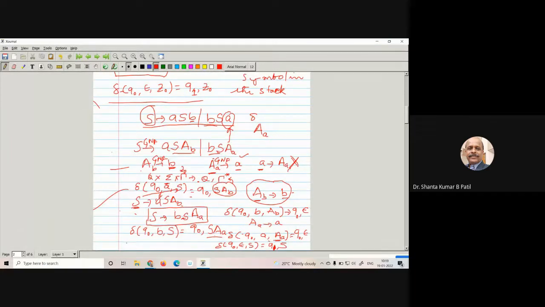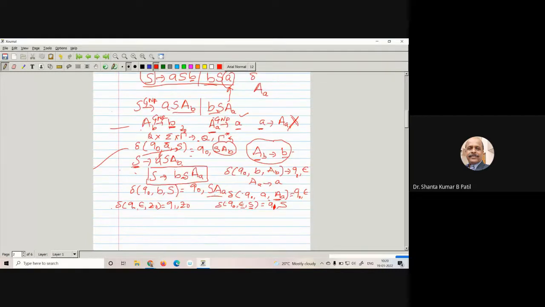Generally, we write when Q naught reads the empty string and the Z naught, Q1 Z naught, but the Z naught is not there. So the tape is empty, and the starting symbol of the production is there. So the state you can change to Q1 and S. This is how we convert all the productions into the transition functions. These are the basic building blocks of the PDA.